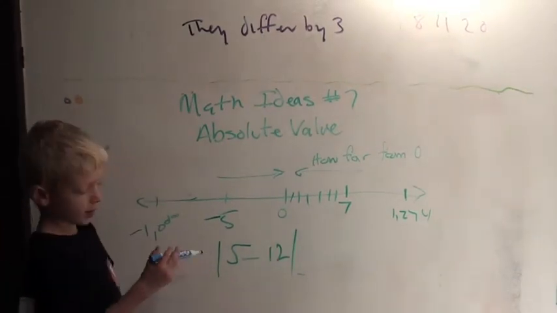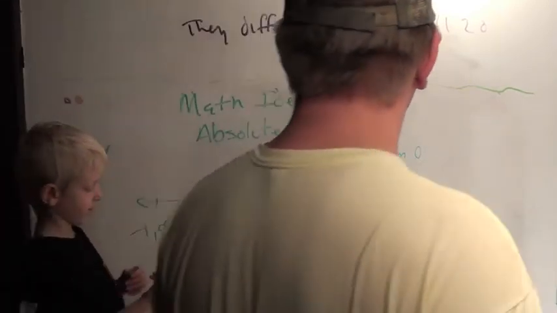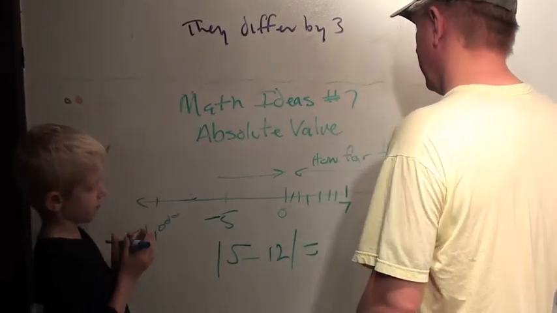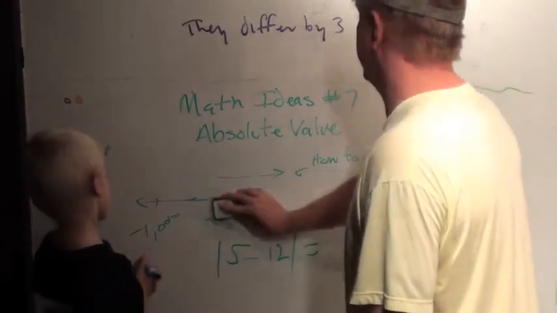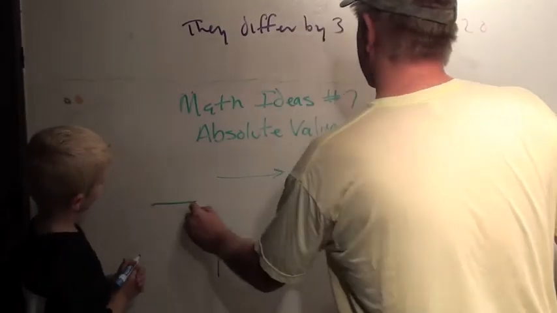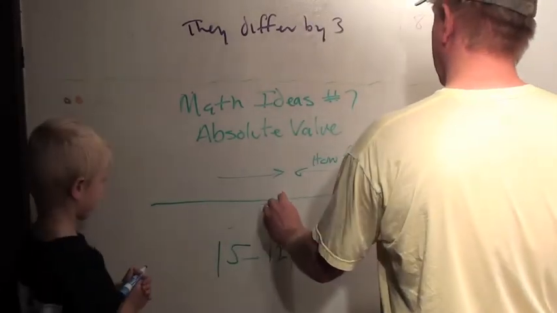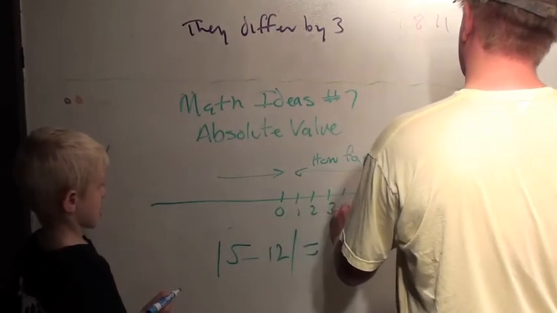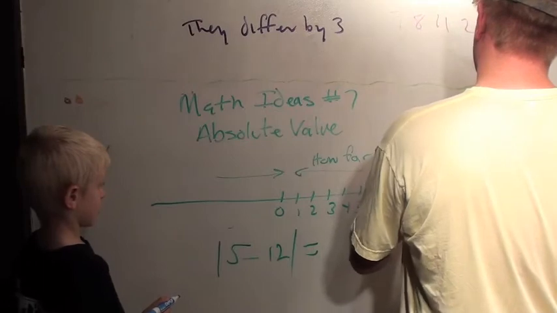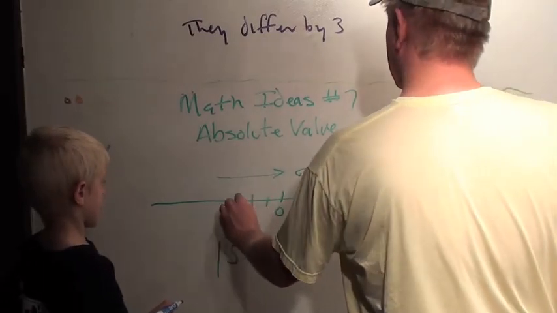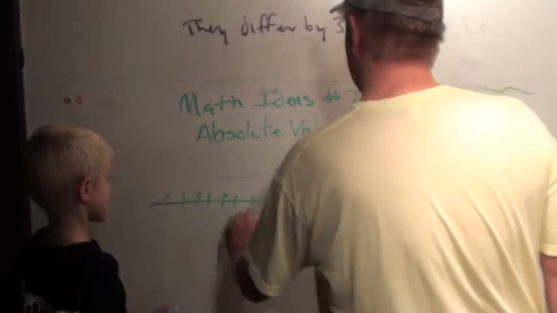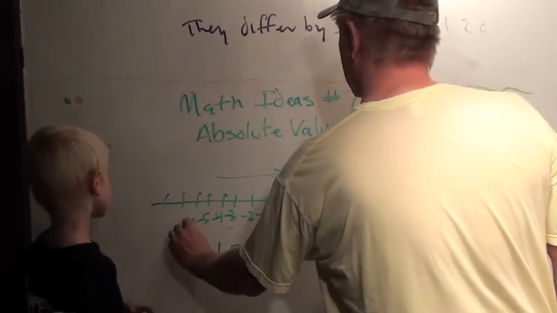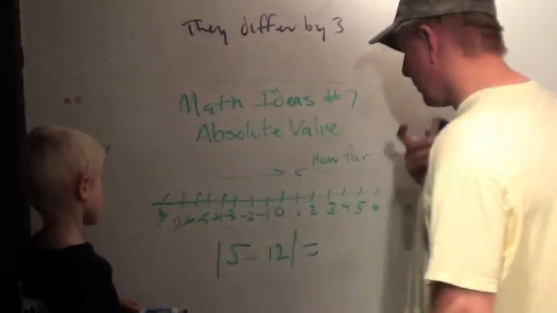First we have to figure out what is 5 minus 12. Do you know what 5 minus 12 is, or should we draw it out on the number line? Okay, so what does 5 minus 12 mean?